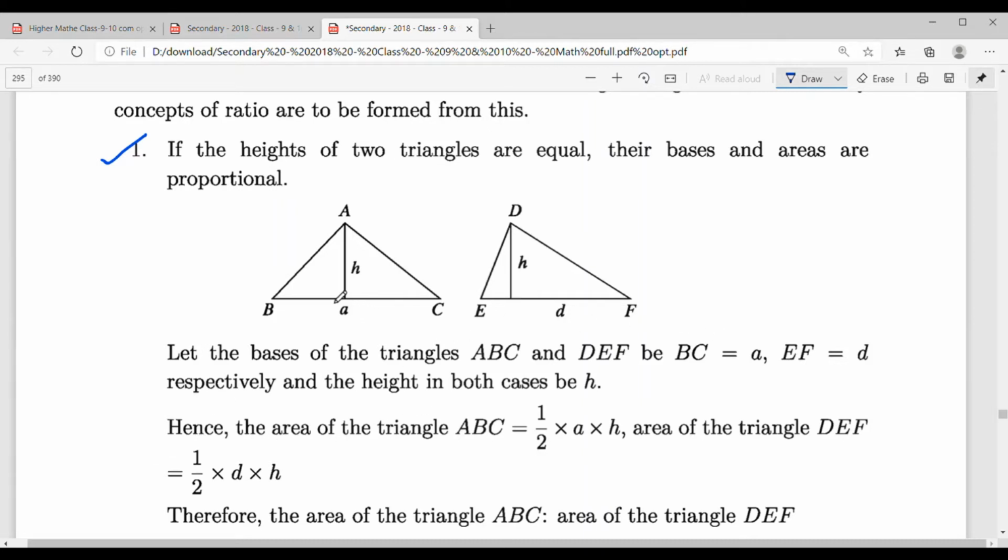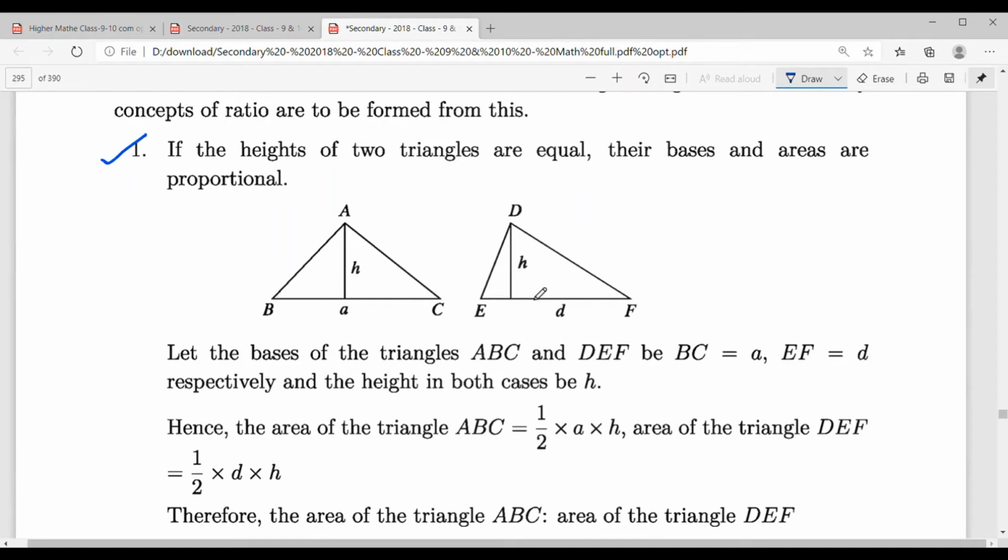Hence the area of triangle ABC is equal to half of base into height. Here base is equal to A and height is H. Both heights are same. And the area of triangle DEF is equal to half of base.